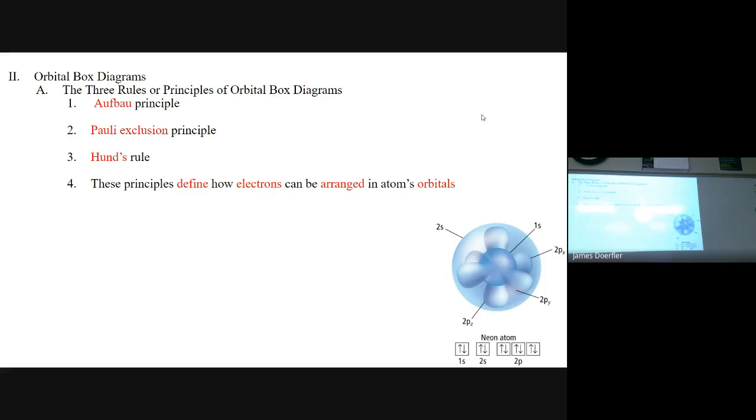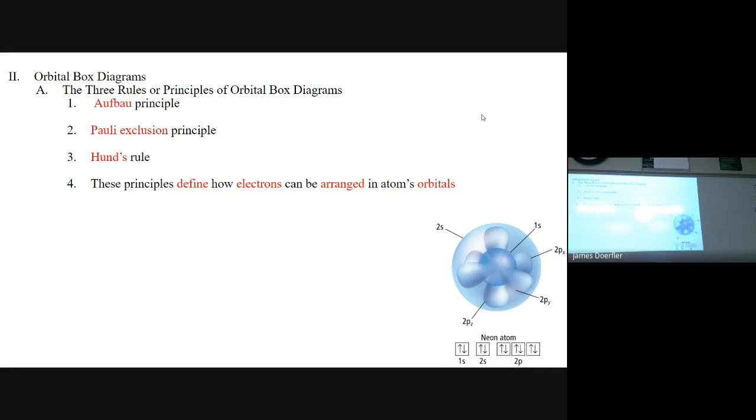And these three are not terribly difficult to put into practice, okay? Because when we do some examples and we get started in your homework, we're going to show you, again, just like electron configurations, they too follow a pattern.